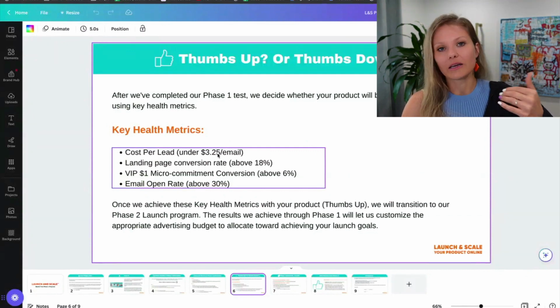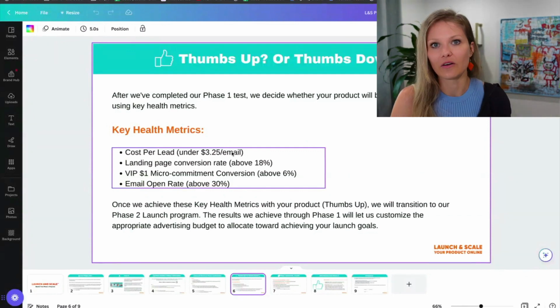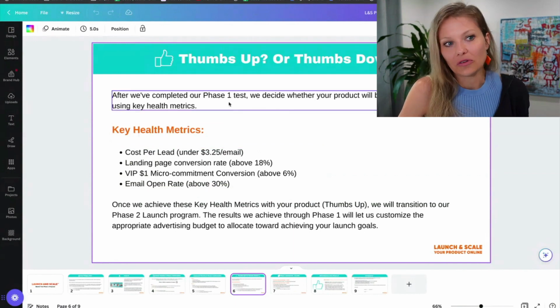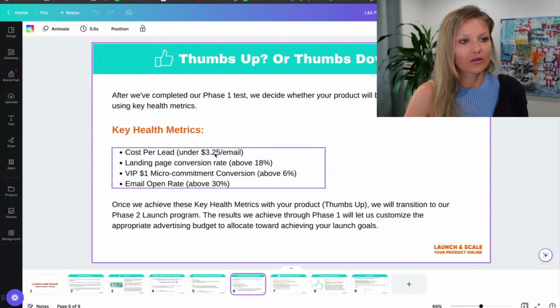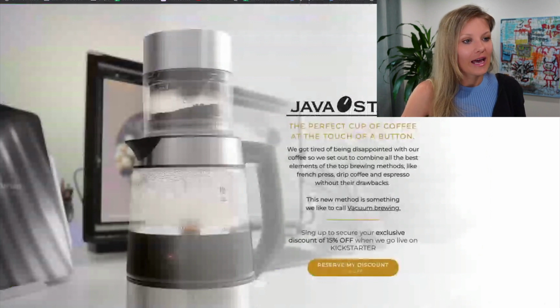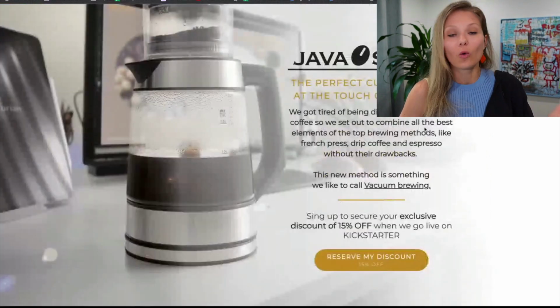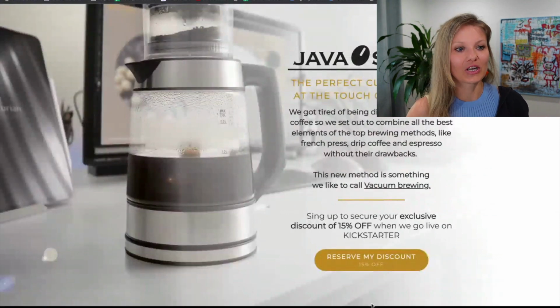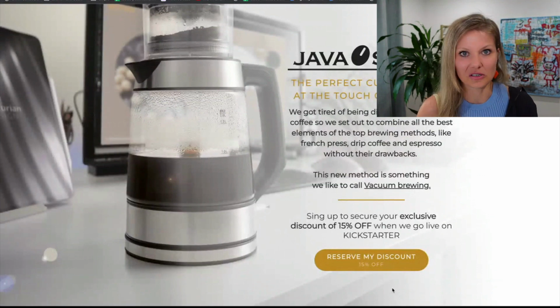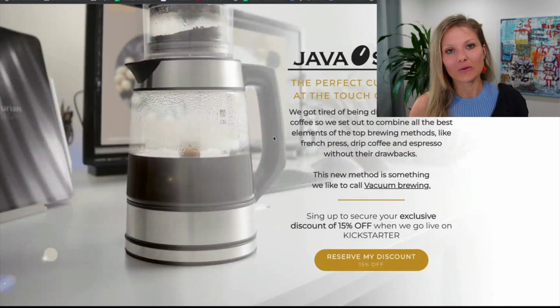Anything less than that, like just say we got a VIP conversion rate of like 1% or less, it could show that either the bribe isn't good enough, it can show that your MSRP is way off what was expected. Like what if, for example, this coffee maker, which you go in with the perceived idea that maybe it's going to be a couple $100, but what if the MSRP was like $2,000?